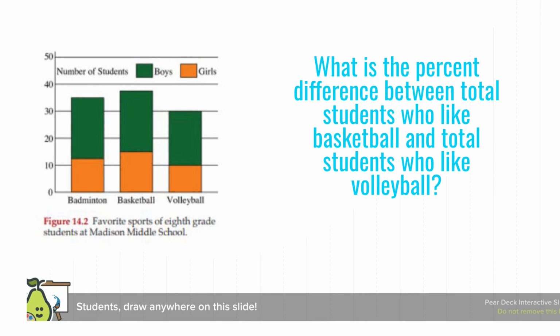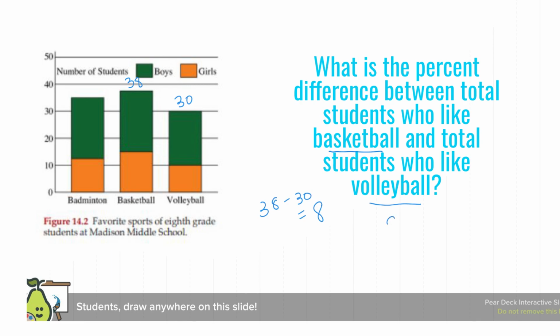All right, here's another similar question. It says, what is the percent difference between total students who like basketball and total students who like volleyball? So basketball is about 38 students. Volleyball, again, is 30. The difference is only 8 students.